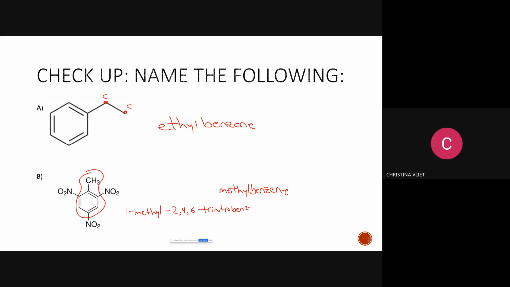All right, what would its name be if it was the common name? Toluene, right? So wouldn't it be maybe trinitrotoluene? Have you heard of that? Somebody has, very nice.